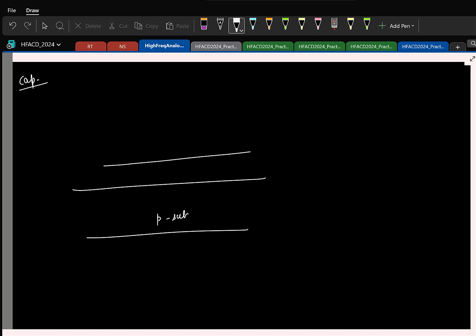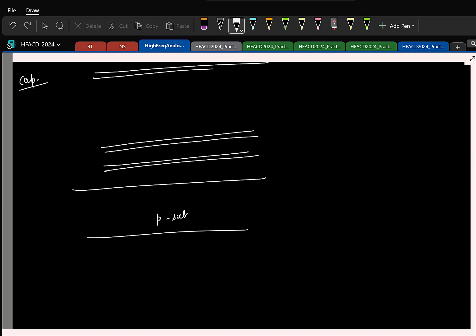You will have a lot of metal lines. So let us say these are the two metal lines in the bottommost layers. These are the two metal lines in the top two layers. We can essentially form a capacitor between the bottom two layers or the top two layers. Right? Both are equally fine.